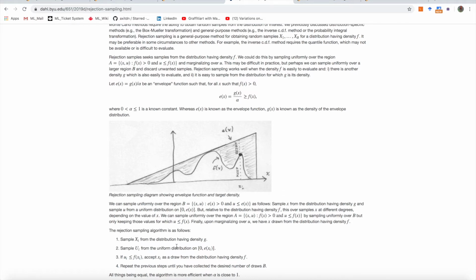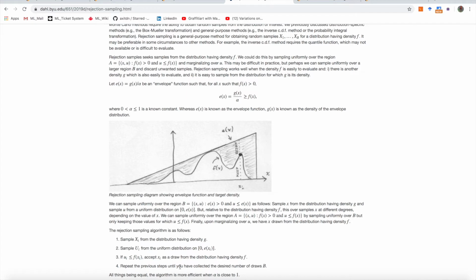And then in steps, it's like: sample x_i from the distribution having density g, sample u_i from the uniform distribution on 0 to e g(x_i), and then only if u_i is smaller or equal to f(x_i), accept x_i as a draw from the distribution.